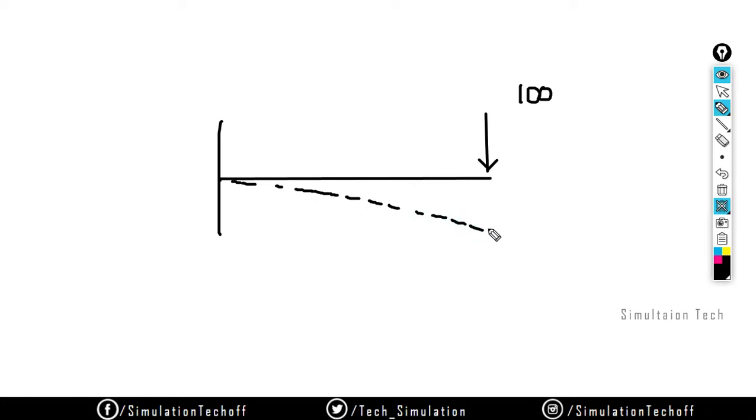A bending should happen here, and for the first cycle the force should be in this direction, and for the next half of the cycle, so this is one cycle, from here to here is one cycle. For half of the cycle the force is in the positive direction, and for the other half the force is in the negative direction.